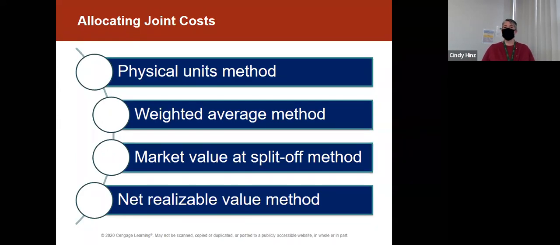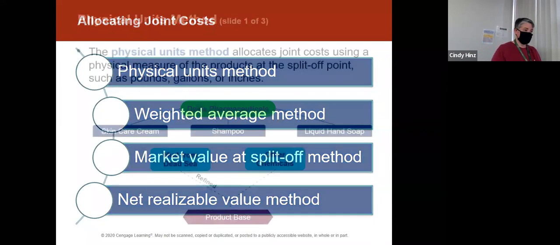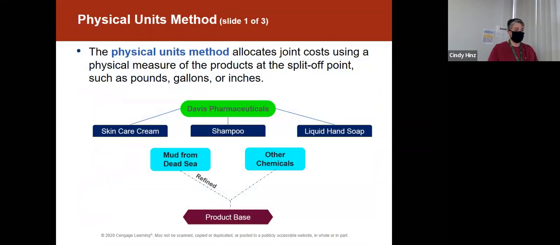We want to use the simplest method possible that still gives us accurate or valid information for decision making. So in the remaining 4 exercises for this chapter, we're going to go through one of these methods in each exercise. So you'll see how to use all 4 methods. And we'll start with the physical units method.